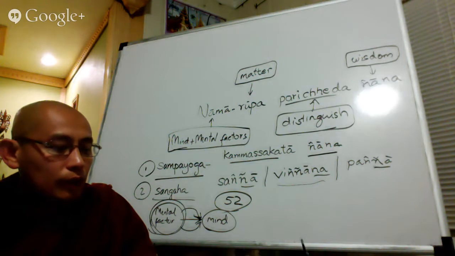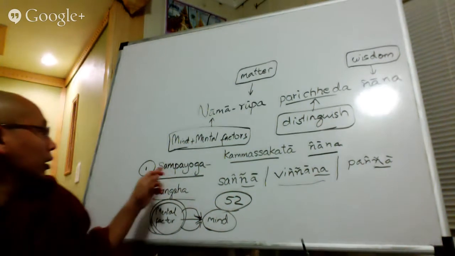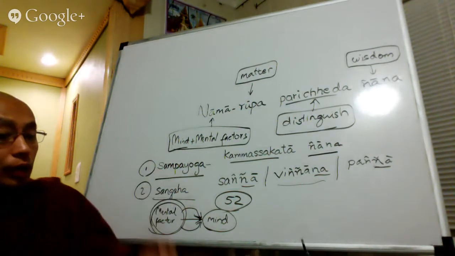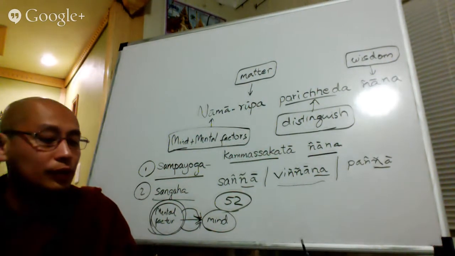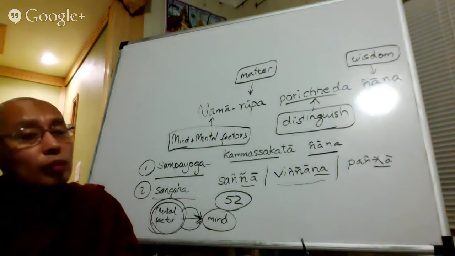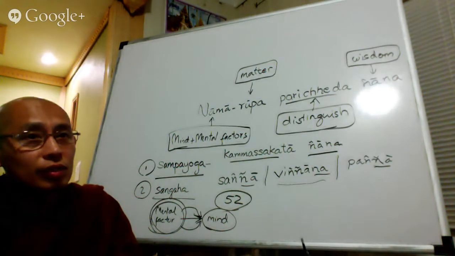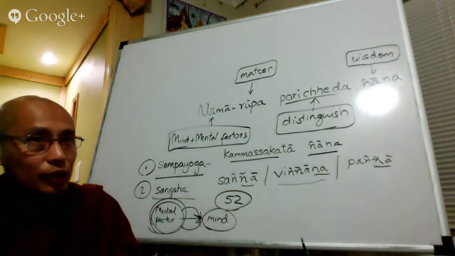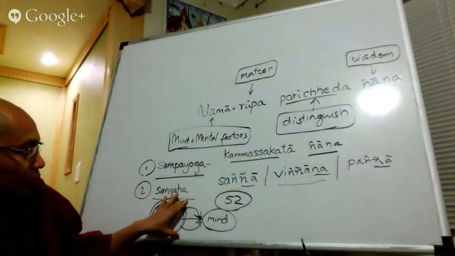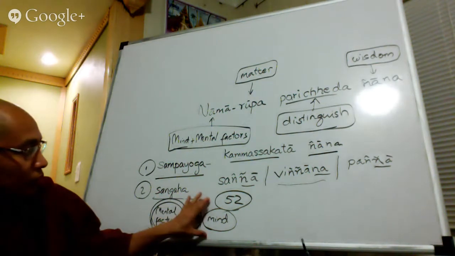So when we learn the Sampayoga way, we take the first group, the Sabbacittasadharana group, the universal mental factors.